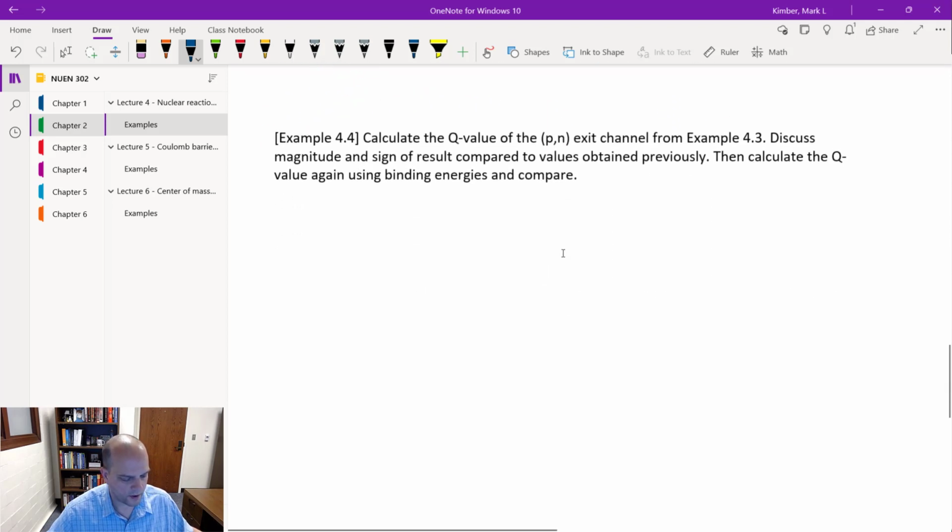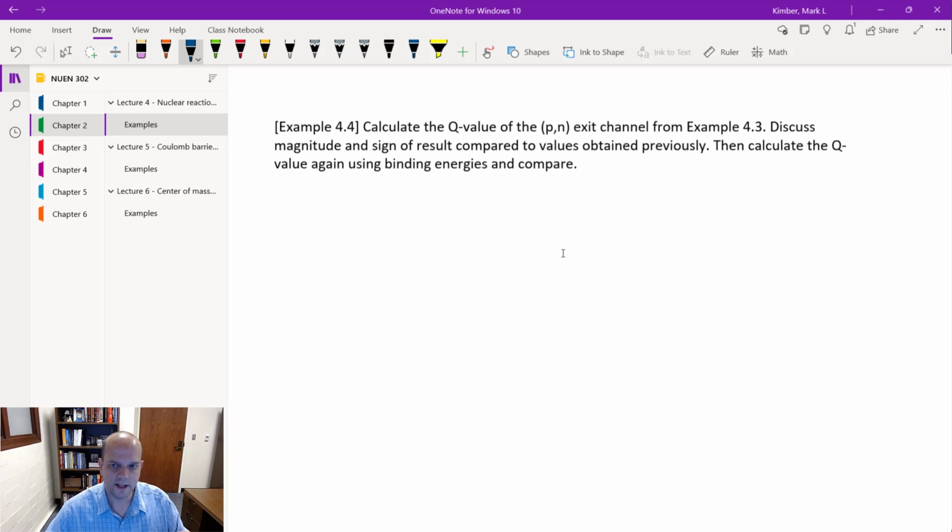But we now want to kind of remove that intermediate stage, and we just want to look at the products on one side and the reactants on the other side. So we'll use the definitions that we've developed so far to calculate those Q values, or that Q value. And so this is our reaction here.